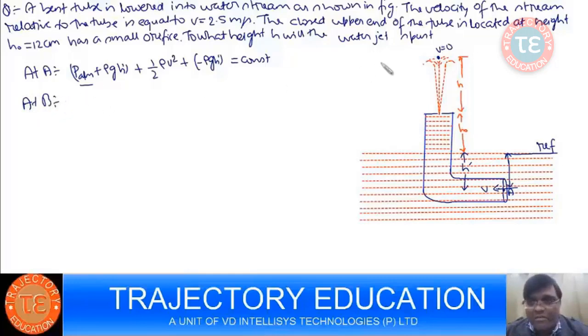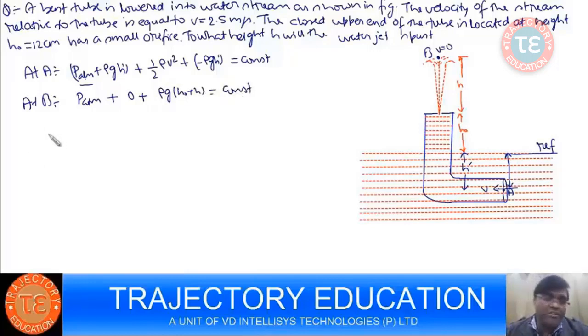Then at point, say B, your point B is in the atmosphere, so static pressure is P-ATM and dynamic pressure is 0, and with respect to this reference, the gravitational pressure is constant, right?